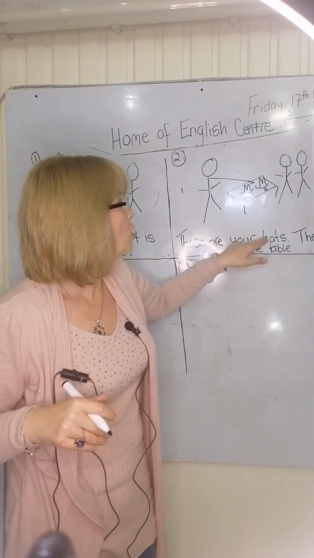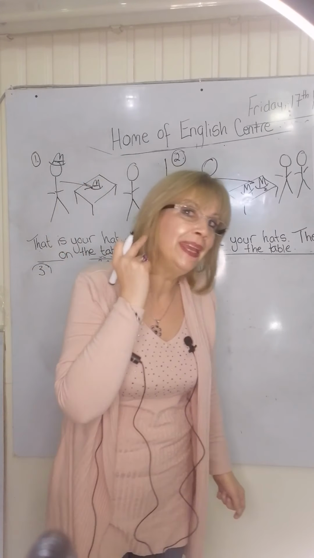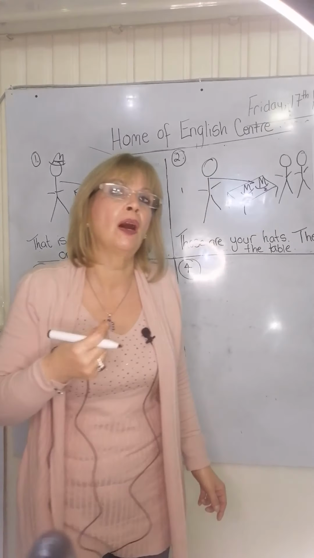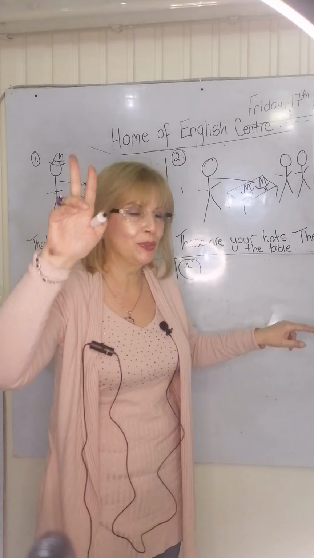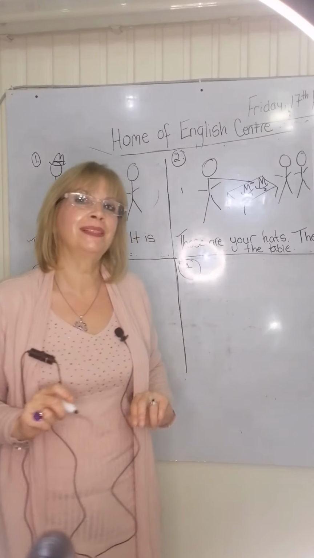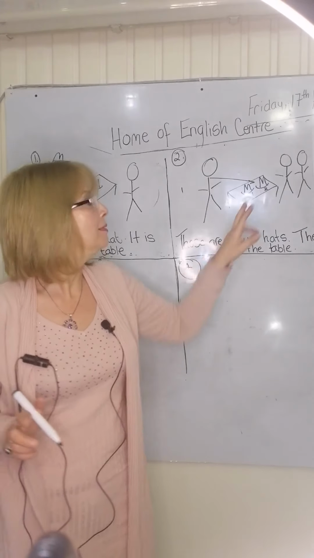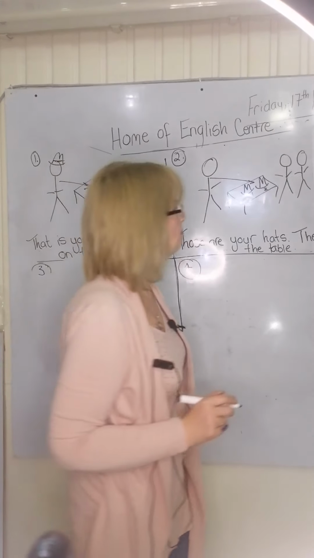So those are your hats, but we have an S now, and we hear the S when we speak hats. Those are your hats. They, because there's 1, 2, are on the table. The table, because there's still only one table, and 2 hats on there, and 2 friends.